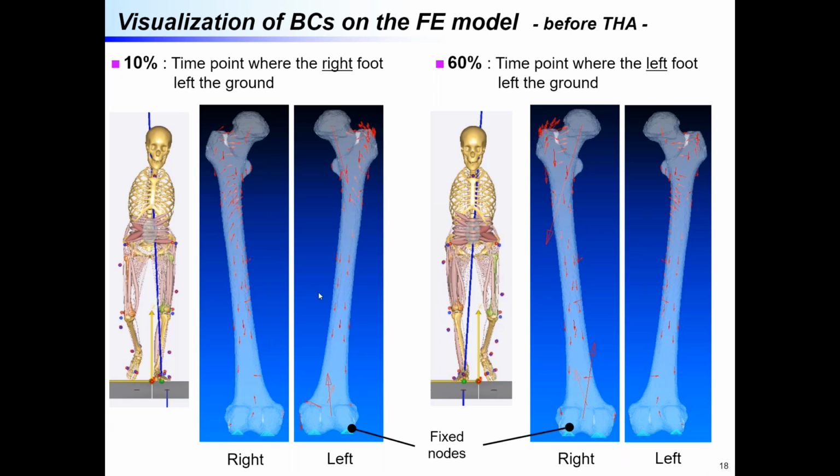But as you can see, the boundary conditions between the left and right femurs were different. Especially the joint reaction forces of the hip and the knee were different. Under the application of these boundary conditions, we performed finite element analysis.